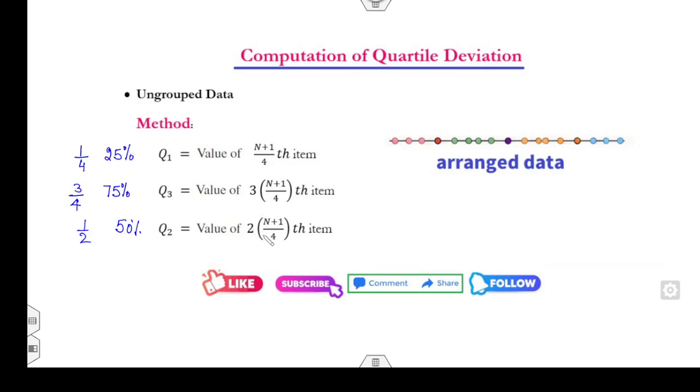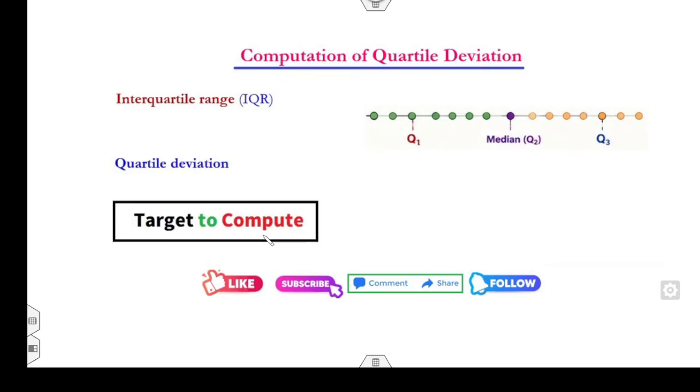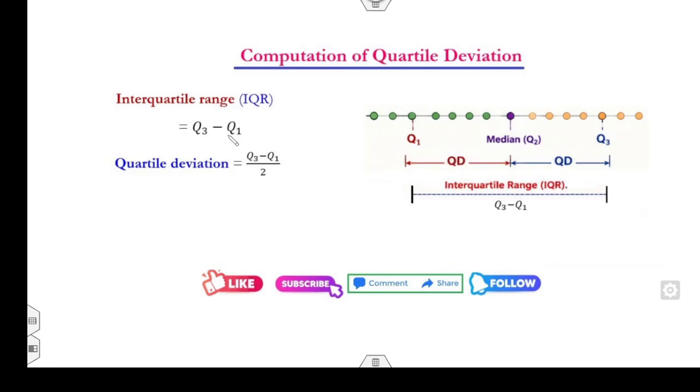So I can explain first of all what is the interquartile range, which is calculated as Q3 minus Q1, and the quartile deviation is half of the interquartile range. Both the interquartile range and the quartile deviation are absolute measures of dispersion.